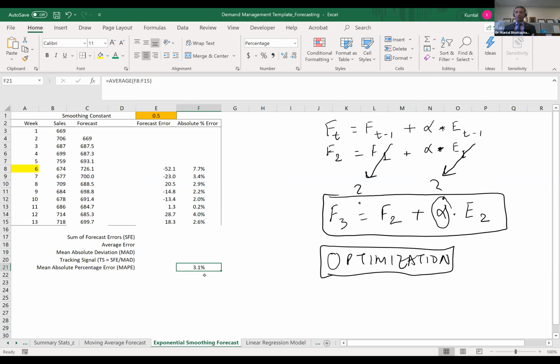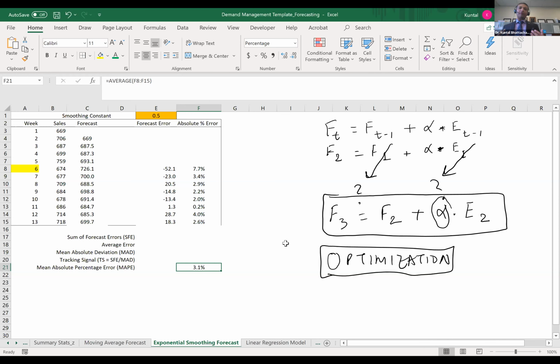When do you optimize? You optimize when you have multiple scenarios. So I could have put in a bazillion possible values between 0 and 1 on this cell, and each one of them will render a different value of the mean absolute percentage error. I want to choose one of those such that this output or this outcome is minimized.